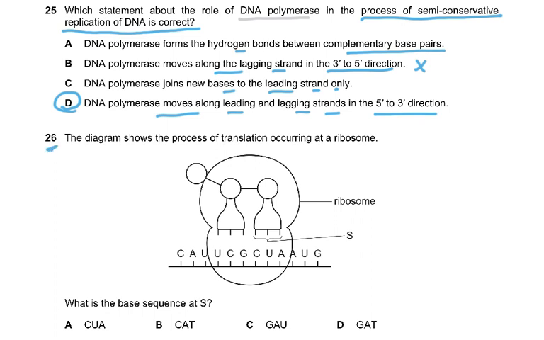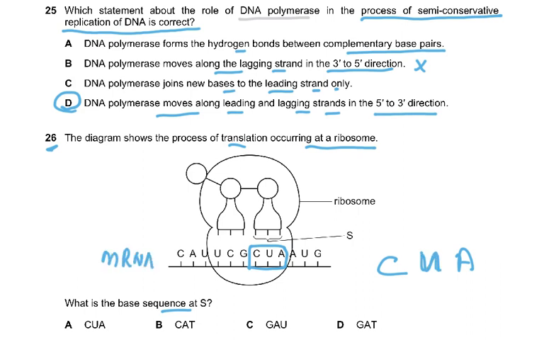Then coming to question number 26, the diagram shows the process of translation occurring at ribosomes. What is the base sequence at S? Now, if you look at S, CUA is the codon, sorry. CUA is the codon because this is the mRNA.